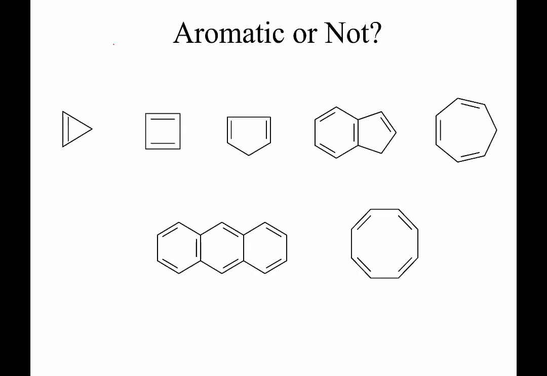All right, let's look at a couple of these. So, first thing is aromaticity means that the molecule has some sort of superstability. If a molecule was anti-aromatic, that means that it would be super unstable and actually not form.